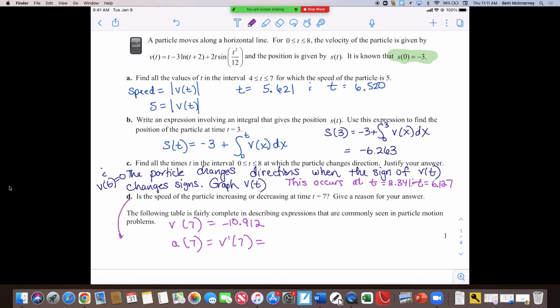Then you could do v prime of 7 for the acceleration. So the better you are at your calculator functions, the easier your life is. I got negative 10.561.